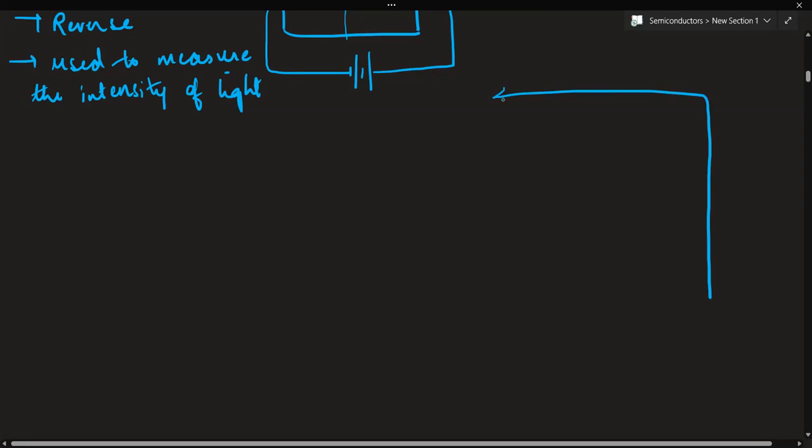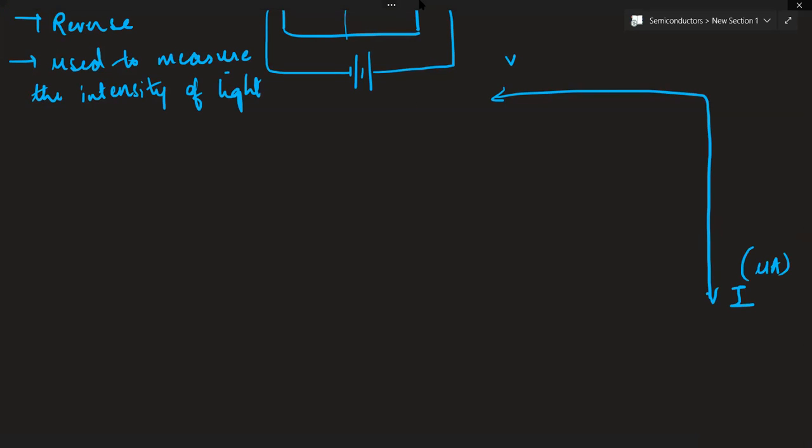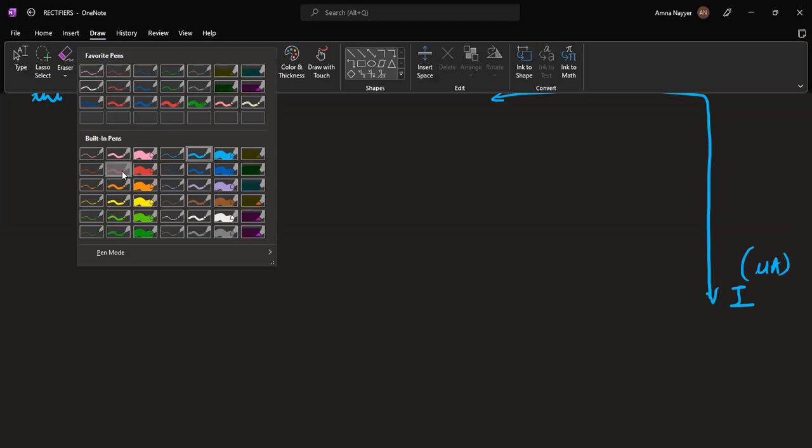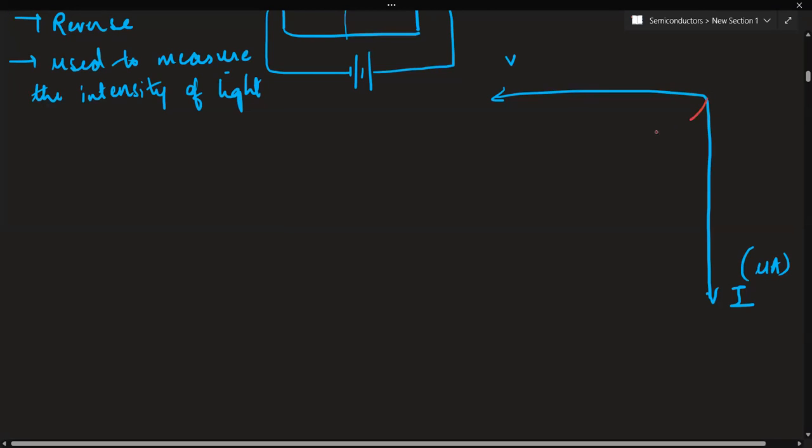One thing that you have to remember is regarding its graph. Since it's reverse biased, it will be measuring the current in microampere or milliampere. Microampere. Yes, microampere. So see, if you draw the various currents for different voltages, you will get it in this form. So this is the dark current you will get. This will be of the most intensity.